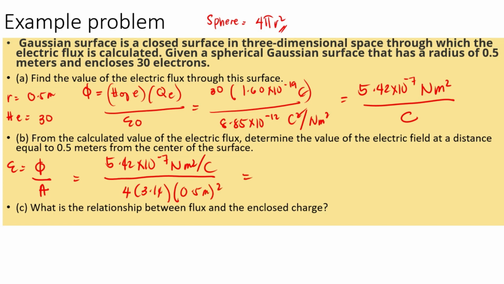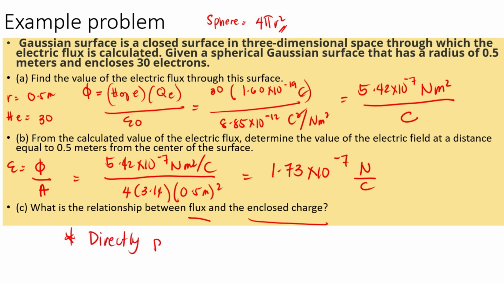Simplify. Your answer there will be 1.73 times 10 raised to negative 7 Newtons per Coulomb. And for letter C, if we're going to describe the relationship between the flux and an enclosed charge, we can say that they are directly proportional.